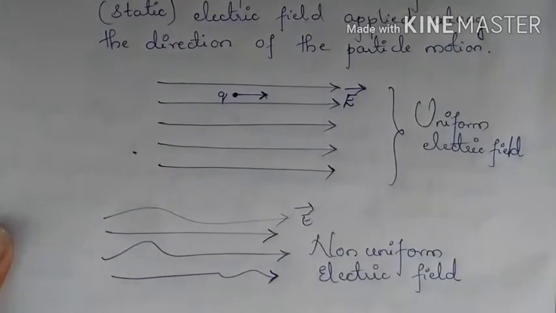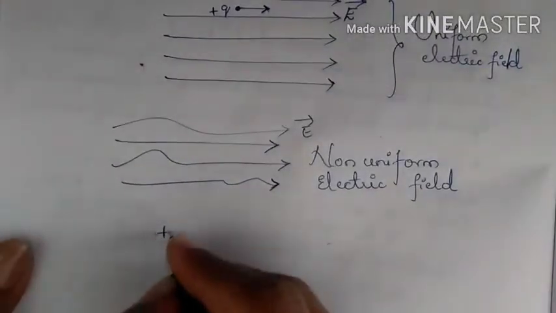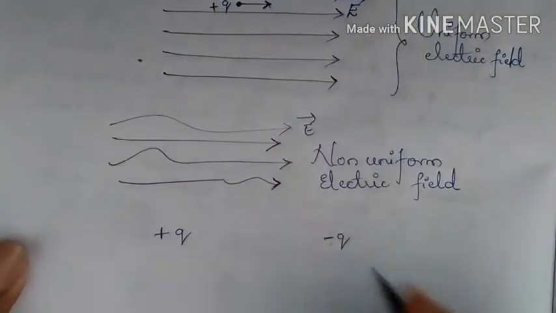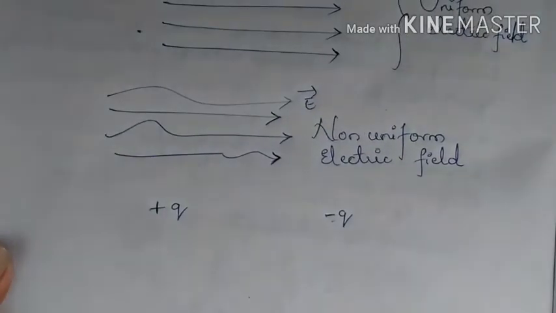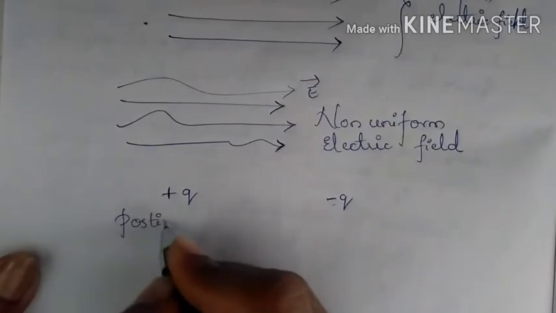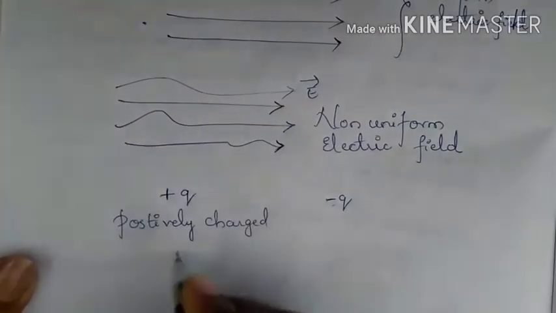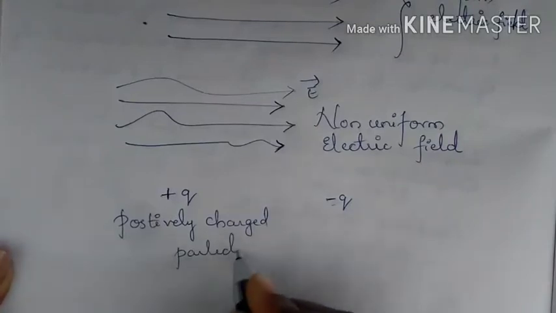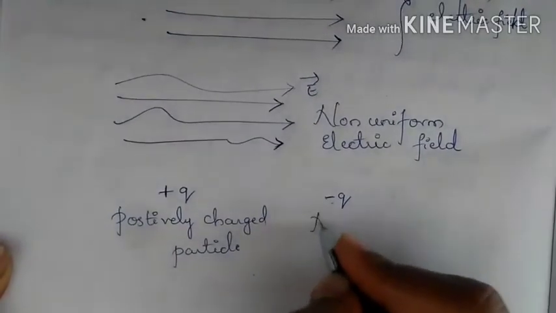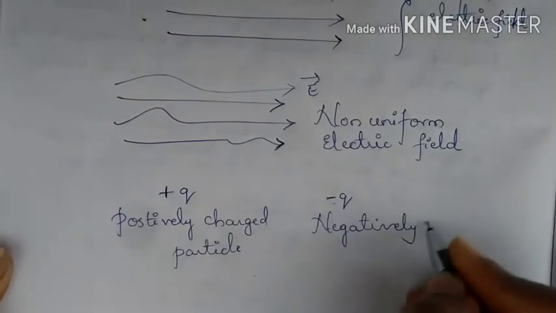There are basically two charged particles, plus Q and minus Q. Plus Q is a positively charged particle, and minus Q is a negatively charged particle.